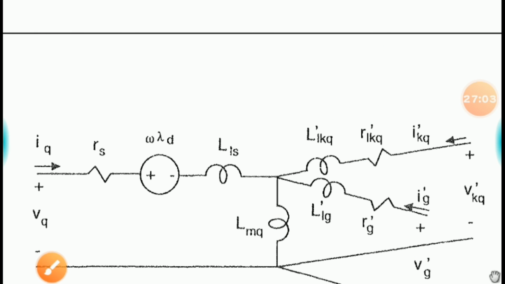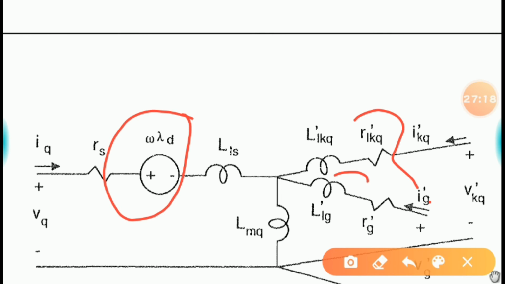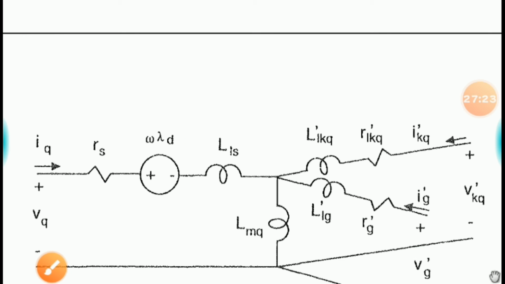So all three currents are flowing through your branch, and accordingly you are having this, but with the other two branches, you can see they do not have that speed EMF term. I mean this one is not present in this branch or in this branch. Why? Because the physical positions of this G and Q are attached to your rotor. And although Q and D are also attached to the rotor, they are taking care of your ABC quantities or ABC variables.